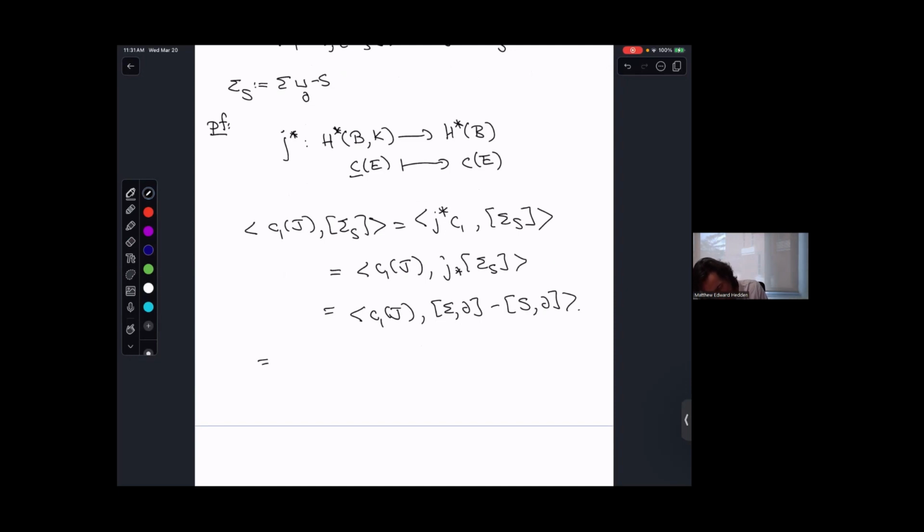I can think about the relative characteristic class for the tangent bundle restricted to sigma.